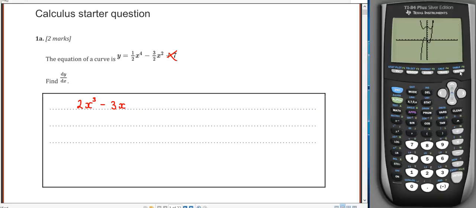I made my window a little bit bigger, so I made it go down to negative 20. That's max. Just 10 still? Yeah. So yours look like that.